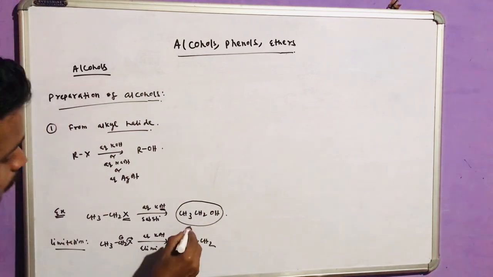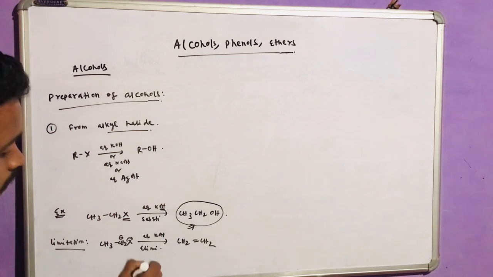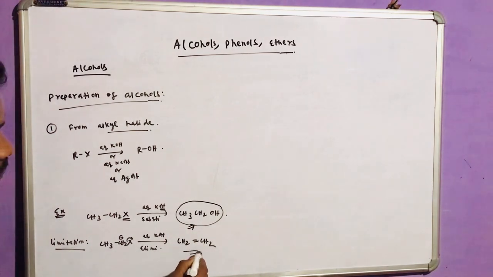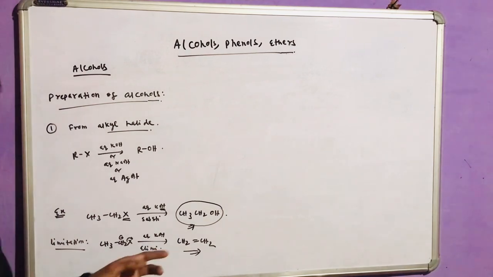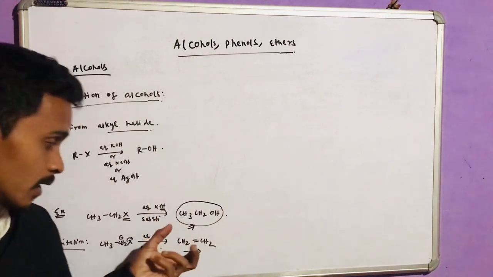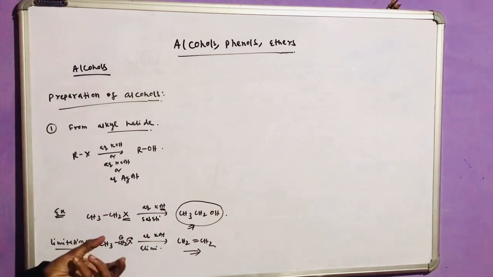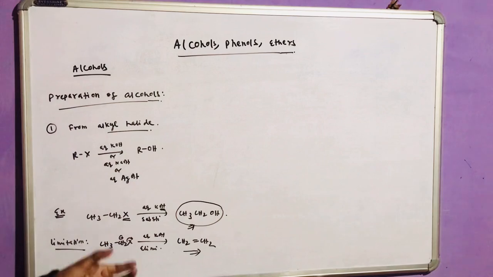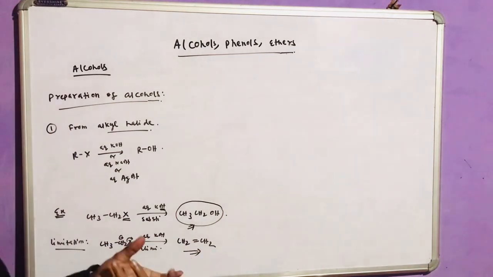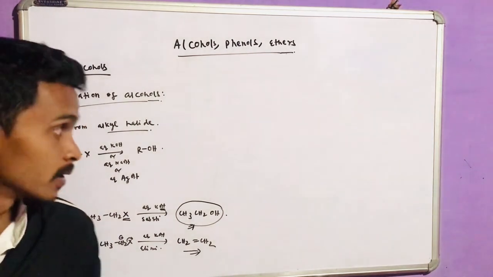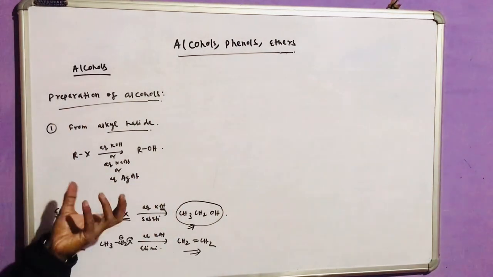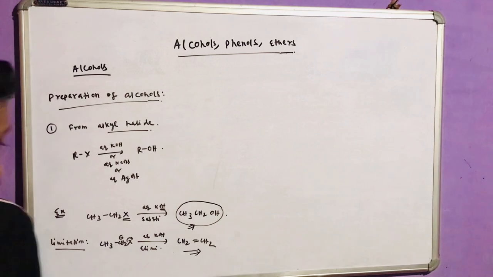Our expected product is this, but elimination also occurs, so a good amount of product may not be obtained. So this is the limitation of these reactions. This reaction is not very favorable for the synthesis of alcohols, but in exams, whenever they ask for the preparation of alcohols, we can write this one.